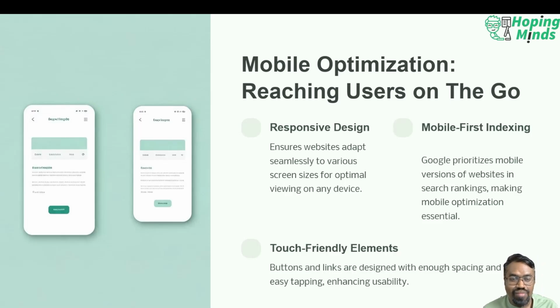So it is very, very important that your website should be touch friendly, and if we are keeping touch friendly elements, then we need to make sure that we are keeping enough spacing, enough call to action buttons, and if the button is there, it has to be easily tapped by your thumb, right? So we need to make sure about all these things for mobile optimization.